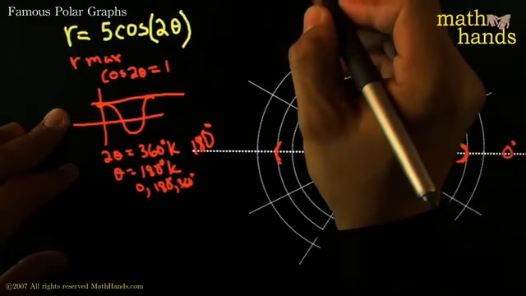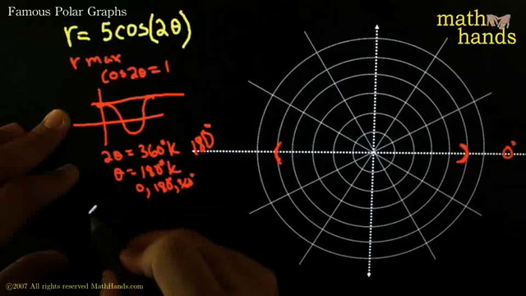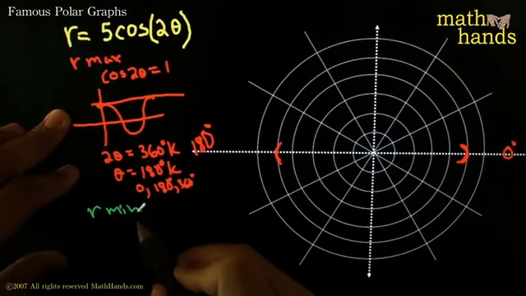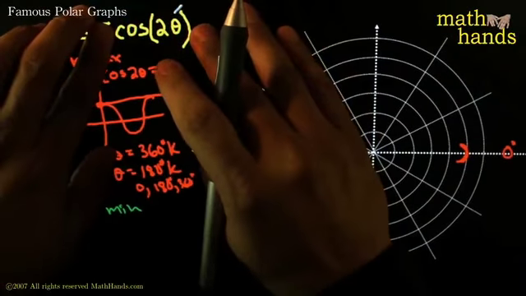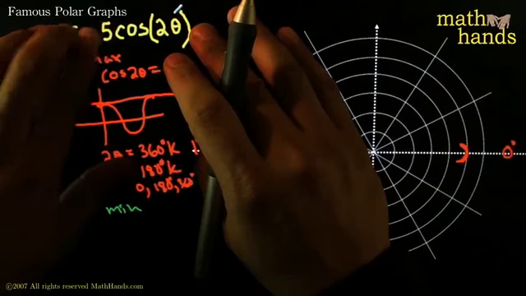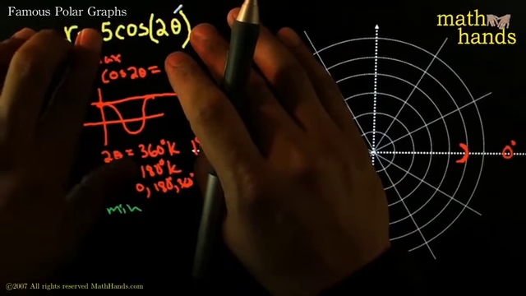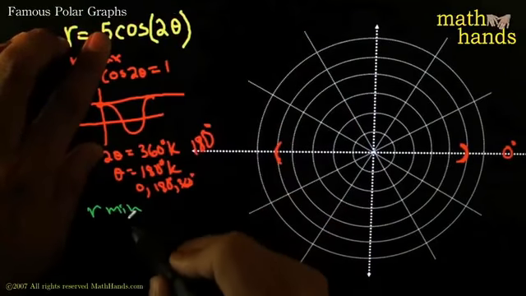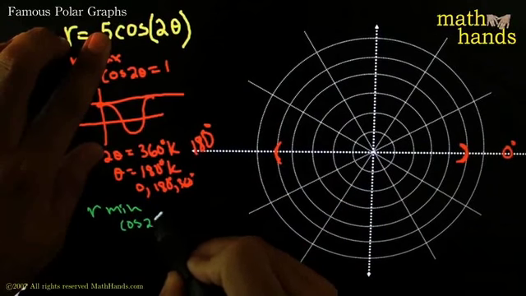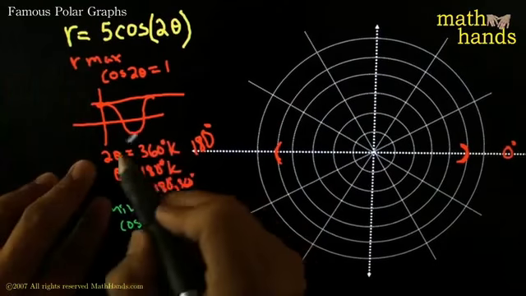Now let's look at the minimum values of R. R would reach its minimum. The smallest that cosine could be is -1. So the smallest that R could be would be -1 times 5, would be -5. And that would happen whenever cosine 2 theta is equal to -1. When would that happen?